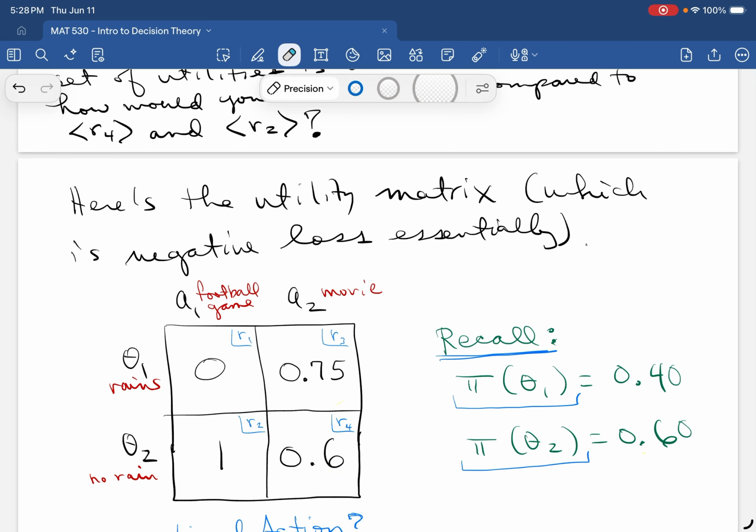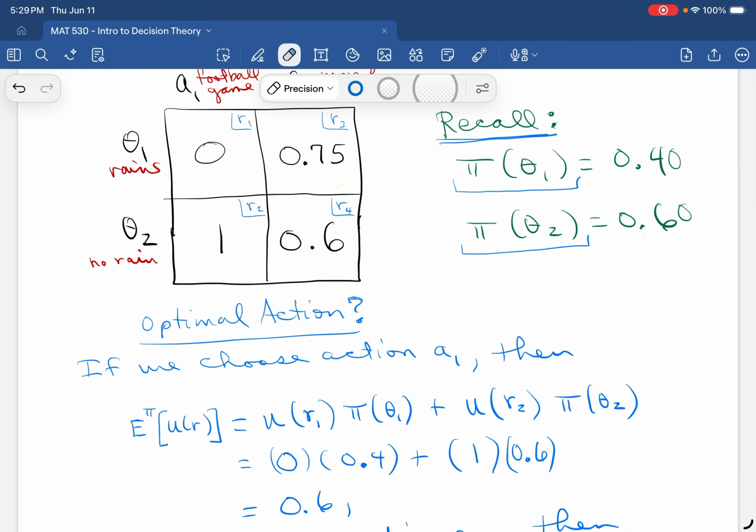So then, now let's decide what to do. If we choose action A1, then we're looking at the first column in the utility matrix. So our expected utility would be the utility of R1 times the probability that it rains, plus the utility of R2 times the probability that it does not rain. And as you see there, that turns out to be 0.6.